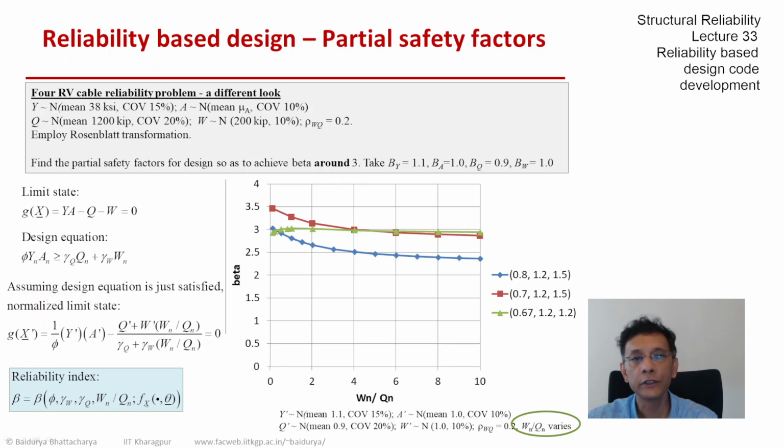So whatever your design situation, whatever your cable throws at you in terms of dead load and live load nominal values, this design equation of 0.67, 1.2 and 1.2 is actually going to give you a beta that is almost 3 from the lowest value of the ratio to the highest value. So this is quite a happy ending that we see.